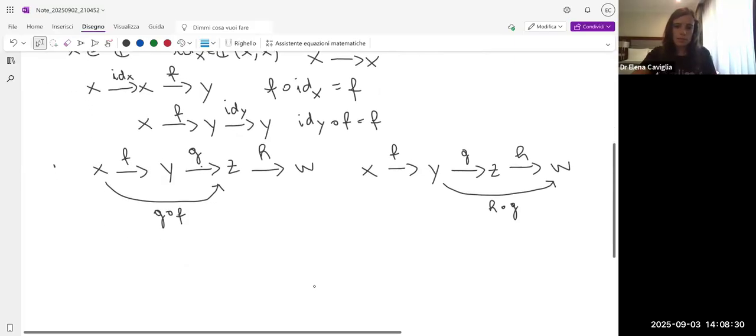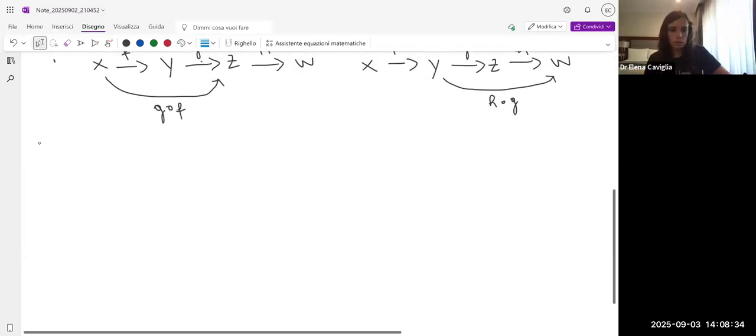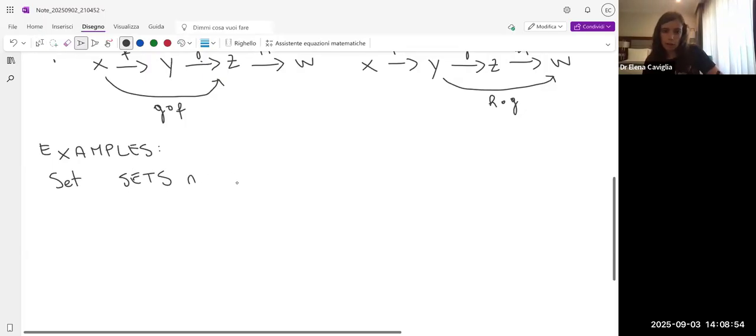And now we can see some basic examples of categories just to remind ourselves. What are those? We have the category Set of sets and functions. So the objects are sets and the morphisms are functions between sets.